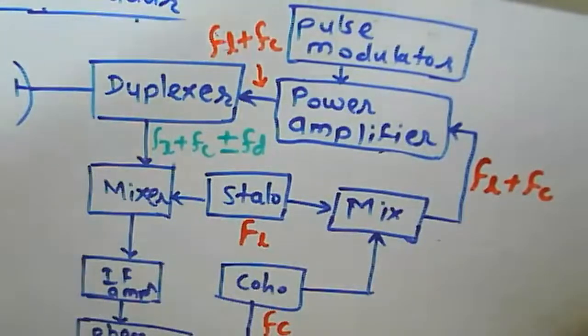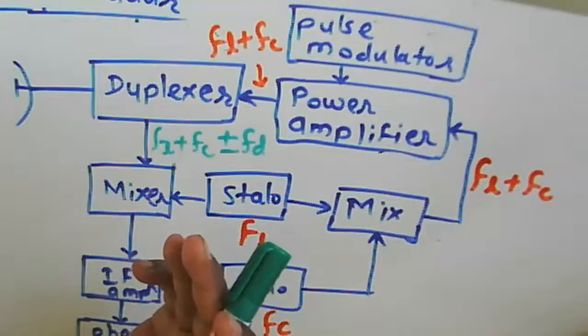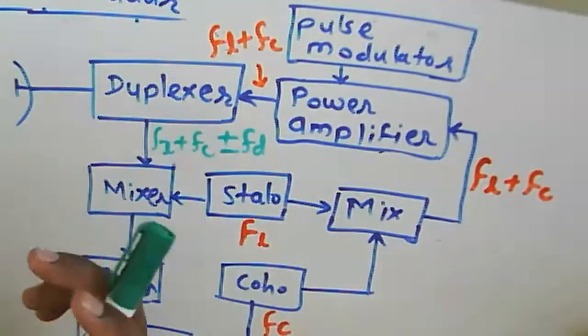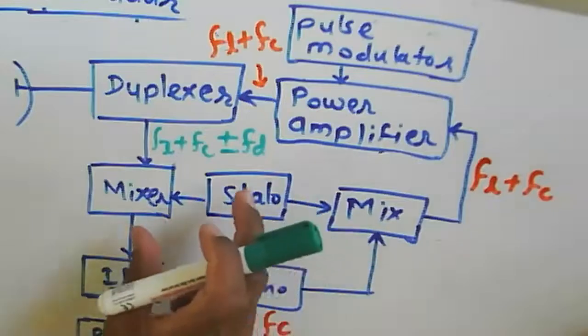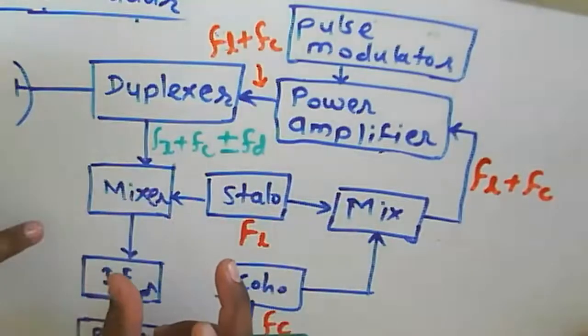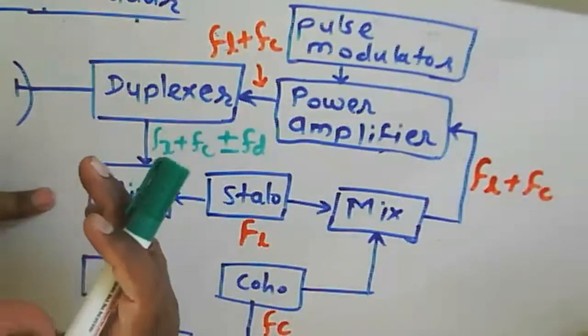Suppose a change in phase occurs. A change in phase means what? There will be clutter. Because we are supposed to use a stable oscillator and that signal is being transmitted, when we receive some signal it has a small variation in the phase.